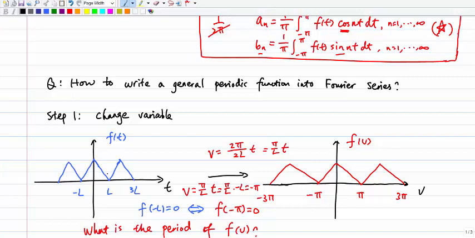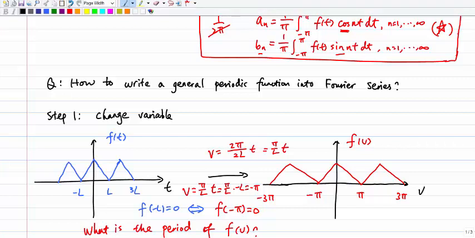I want to change this to a function of v, such that f(v) has a period of 2 pi, because I know how to do this for a fundamental period of 2 pi. One way to do this is a change of variable: my v is just 2 pi over 2L times t.